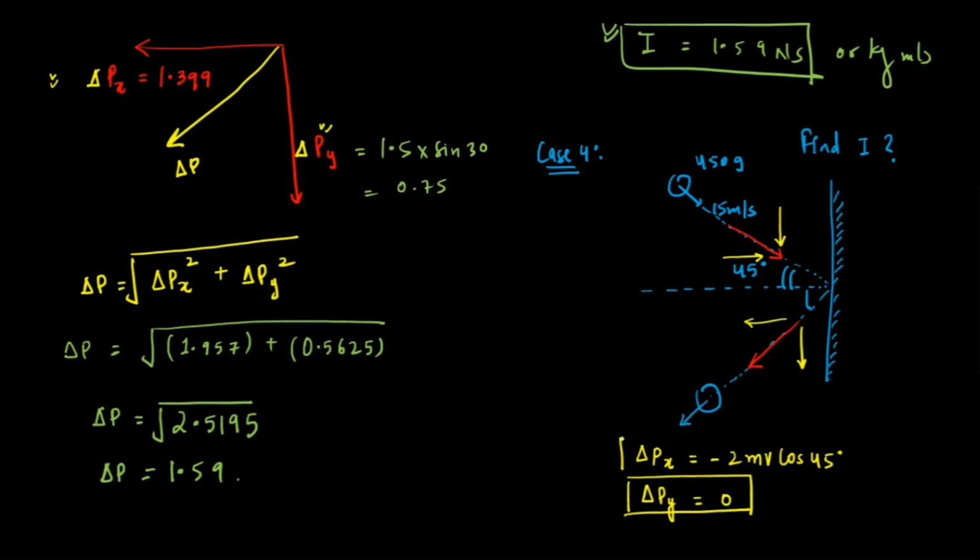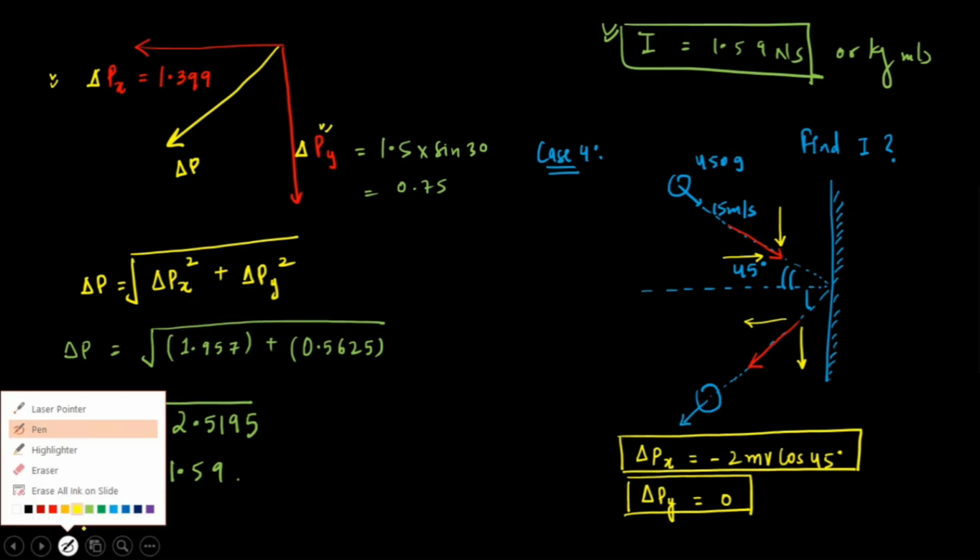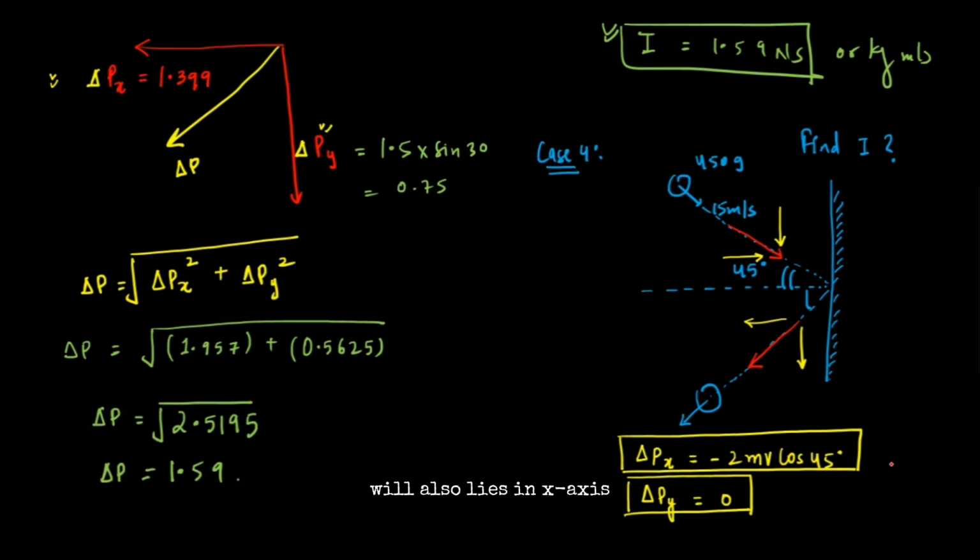As we can see, the net change in momentum lies only in the x-axis. So the impulse will also lie in the x-axis, that too in the negative direction, so towards left. The direction of impulse is going to be towards left.